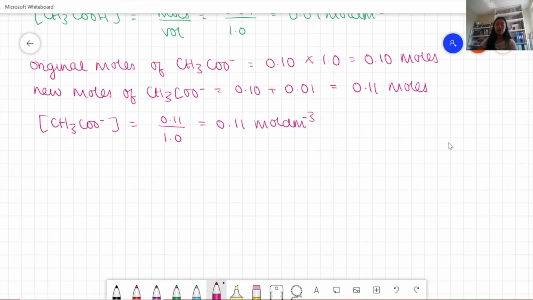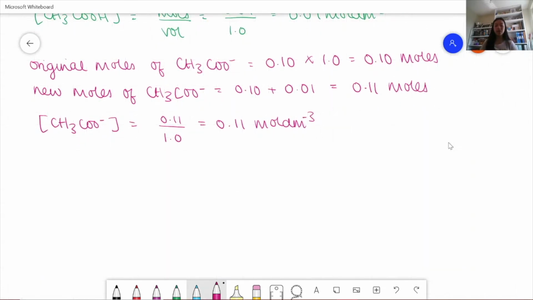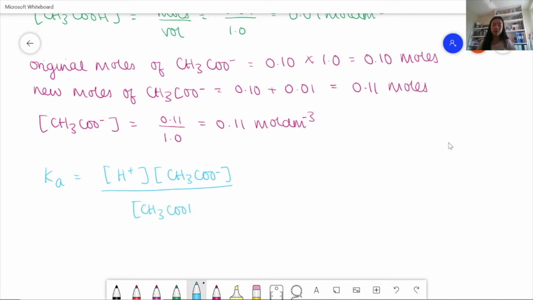Now we use the Ka equation. So we have Ka is equal to the concentration of H plus multiplied by the concentration of ethanoate, divided by the concentration of ethanoic acid. And so rearranging this, we can find the concentration of H plus to find the pH.